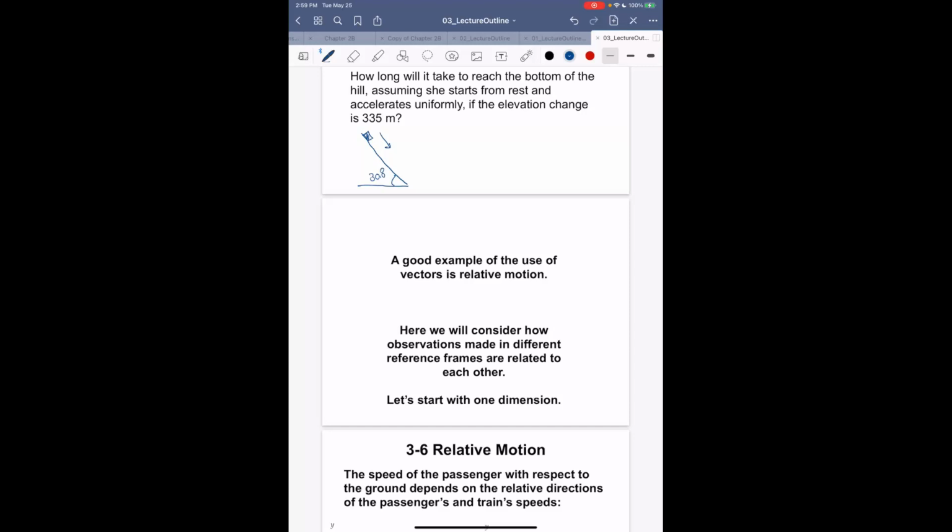Okay, now adding vectors, it is good to have relative motion to talk about.